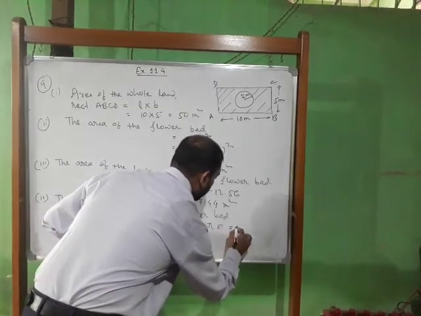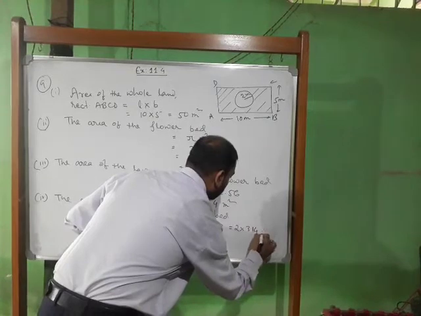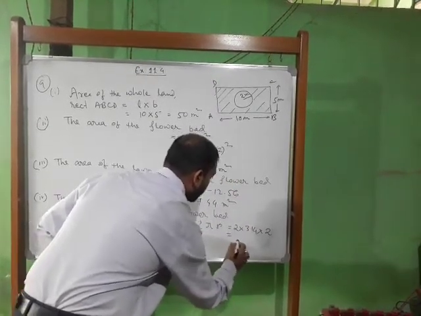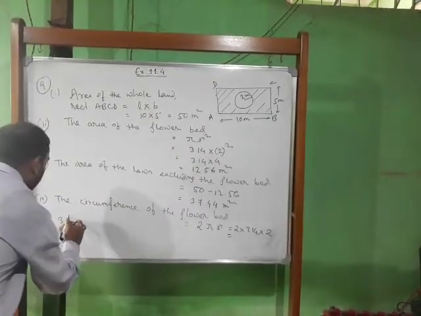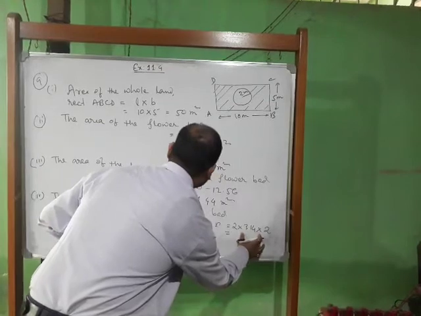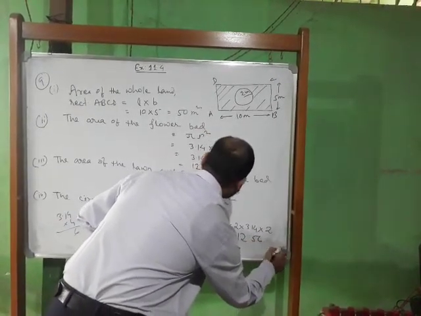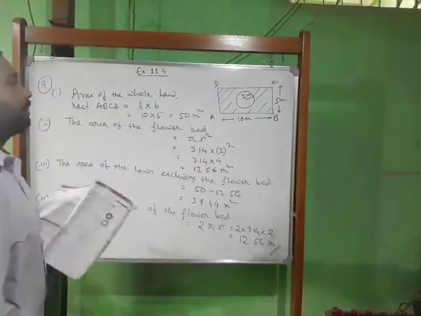So it is 2 into 3.14 into 2. So that is 2 into 2 is 4, now 3.14 into 4, so it will be 12.56 meter. So this is the final answer of this question.